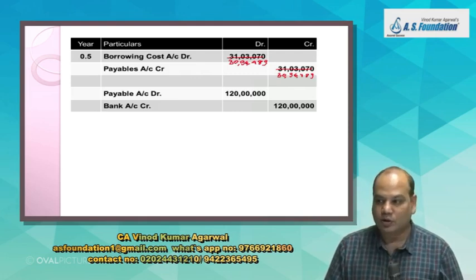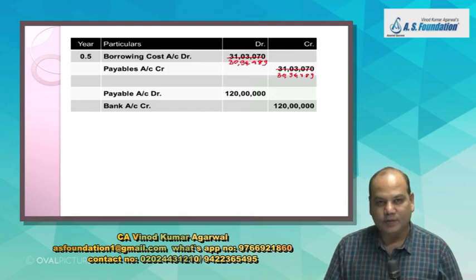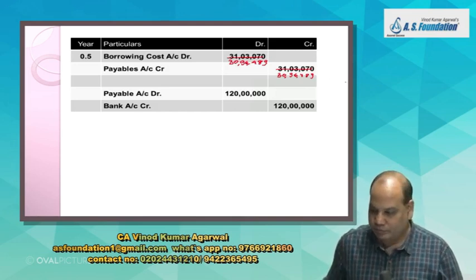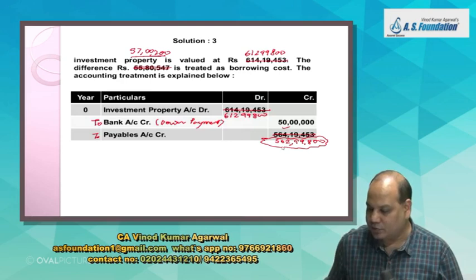What is the first installment? 1 crore 20 lakh. Now after passing these entries, what you will have to do on your calculator, check what is the balance left in payable account. First you type this number 562,99800.